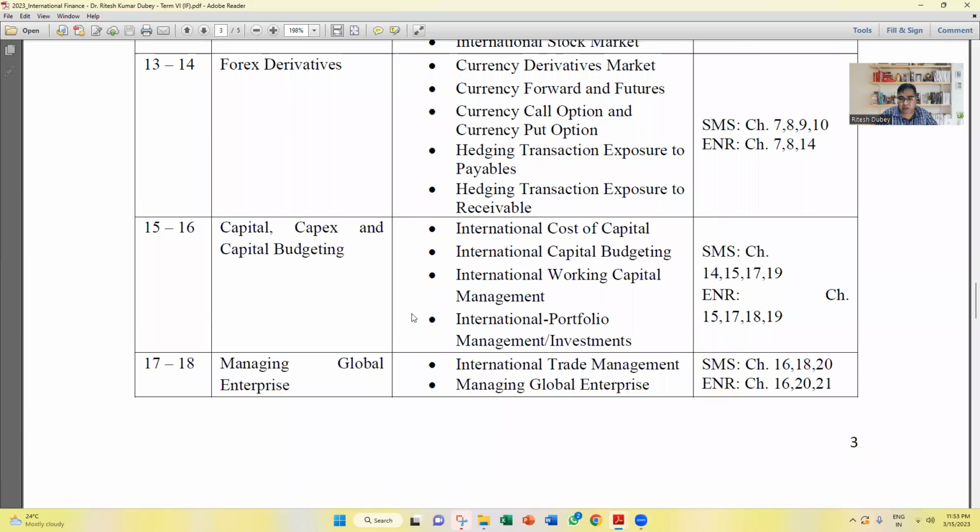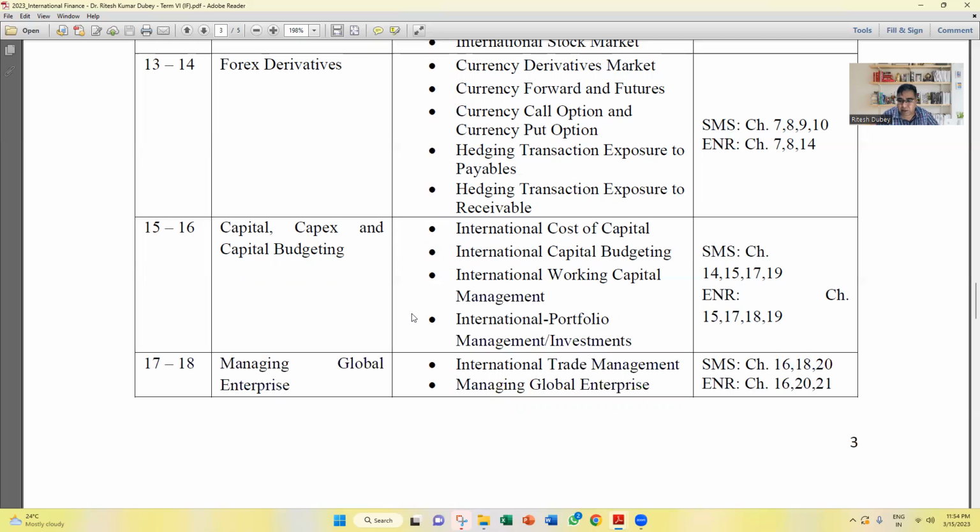Capital budgeting: we remember that it is international financial management, right? So it is an extension of financial management. If you are looking at an international project, probably some of that you will cover in project appraisal and working capital management as well. So it will be an extension to that, and you will be able to see how I look at the aspects of capital budgeting if I'm looking at an international project.